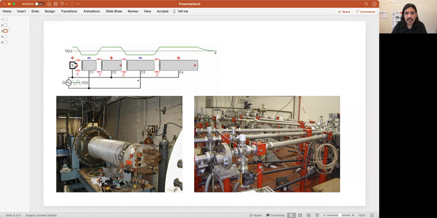So this is another type of particle accelerator. And what you have is a source of, in this case, electrons right here. And then you put little metallic cans, C1, C2, C3, and C4, in the tube. They're just little metal containers.